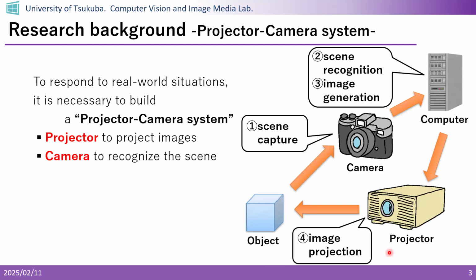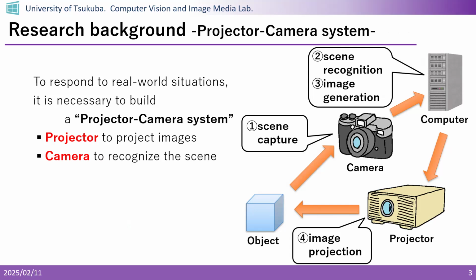In some applications, the object's position or shape is not known in advance. To respond to such real-world situations, it is necessary to build a projector camera system that combines a projector and a camera. The camera takes a picture of the scene, including the projection target, and sends the information to a computer.